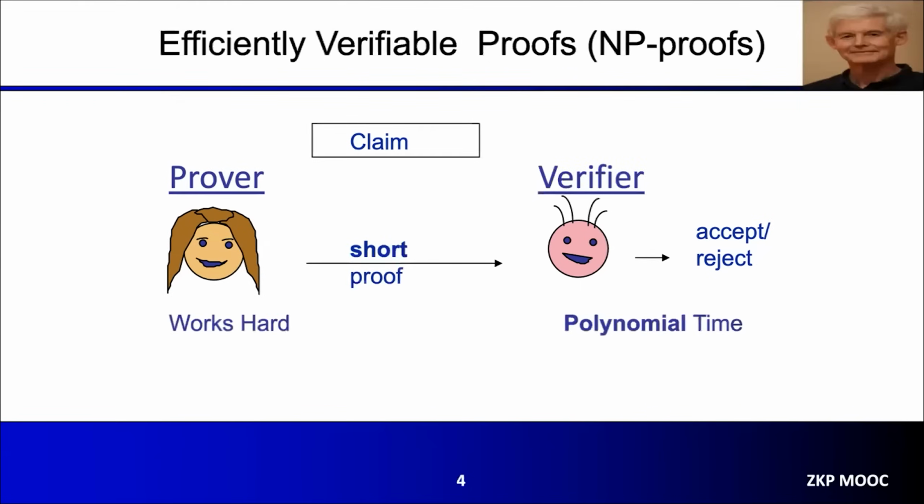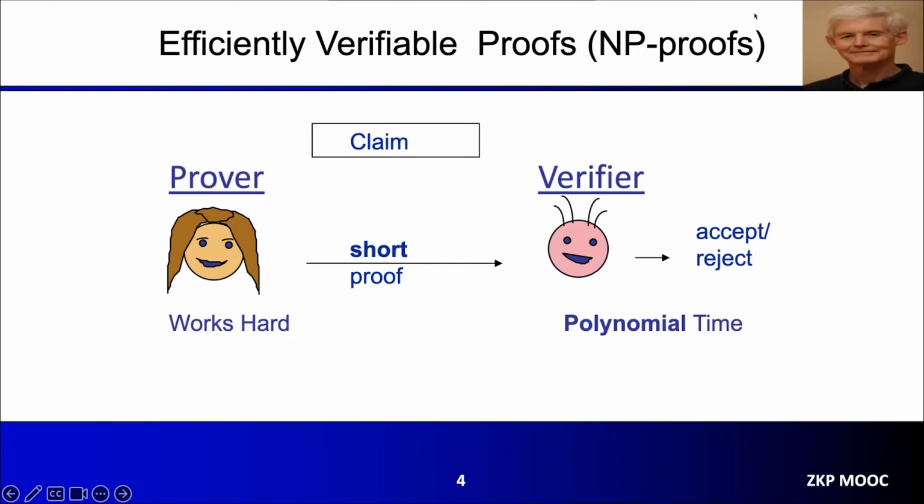In fact, in computer science, we often talk about efficiently verifiable proofs, or NP proofs. And those are proofs where the string that the prover sends to the verifier is short. And the verifier, in addition, doesn't have all the time in the world to read it. He has polynomial time. Now, to be more explicit, what do we mean by short?